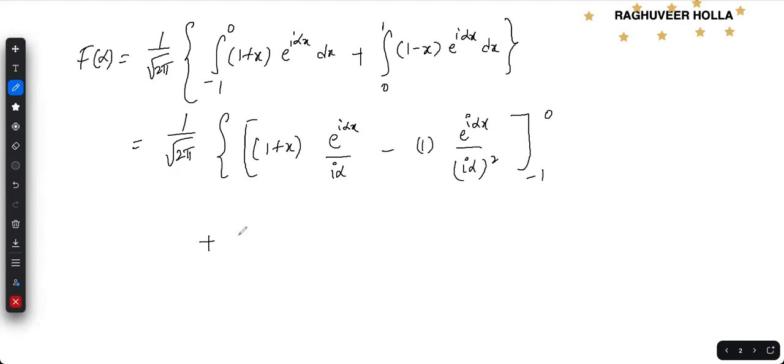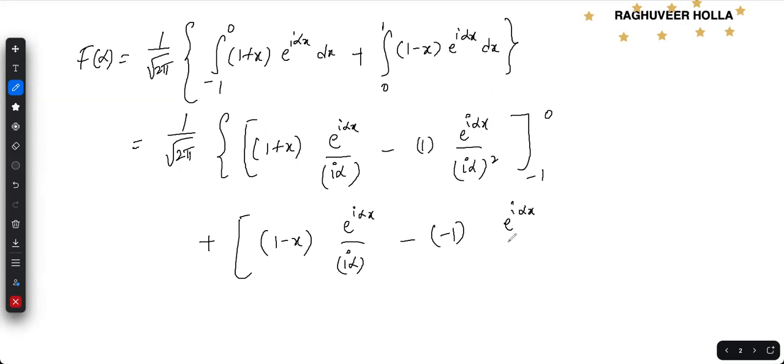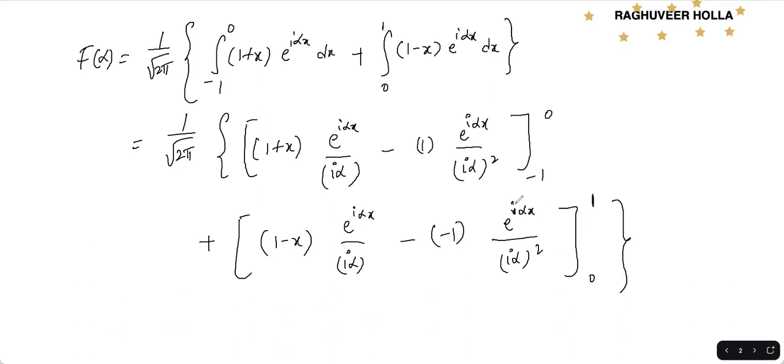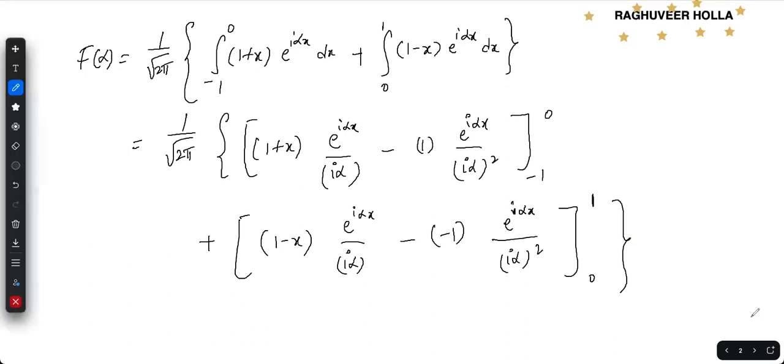Again, same with this: this is 1 minus x, so e to the power of i alpha x divided by i alpha, minus, this is minus 1, e to the power of i alpha x by i alpha whole square. This is 0 to 1. Close the curly braces. Fine, so let us move further to simplify it.